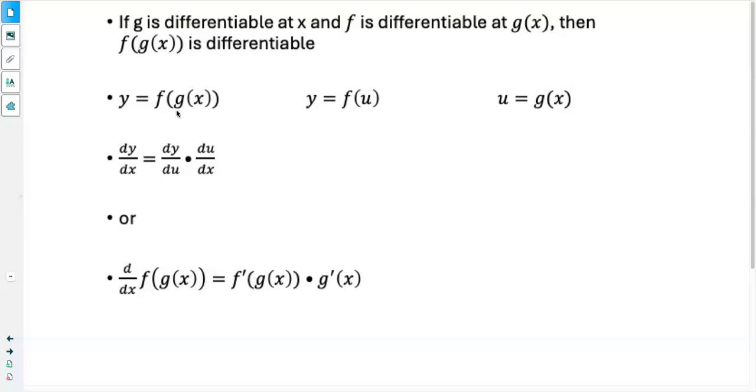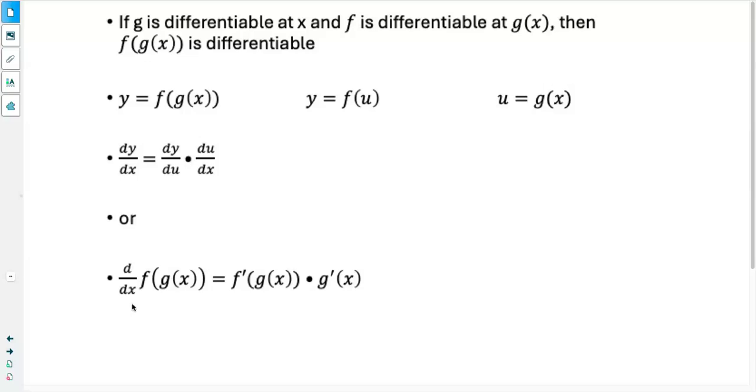Now often we can break up a composite function. So if we have y equals f of g of x, we can break that into y equals f of u, where u is equal to g of x, which gives us a derivative of y equal to our derivative of y with respect to u times our derivative of u with respect to x.